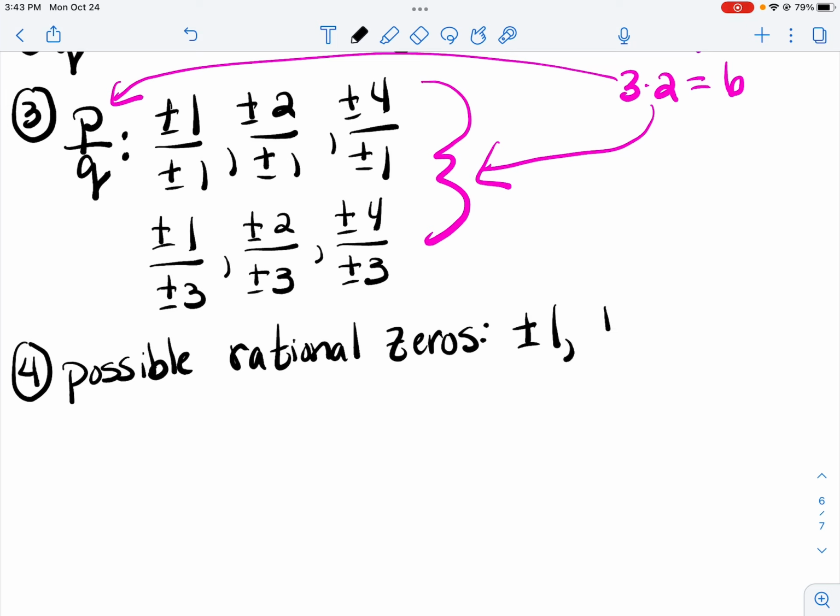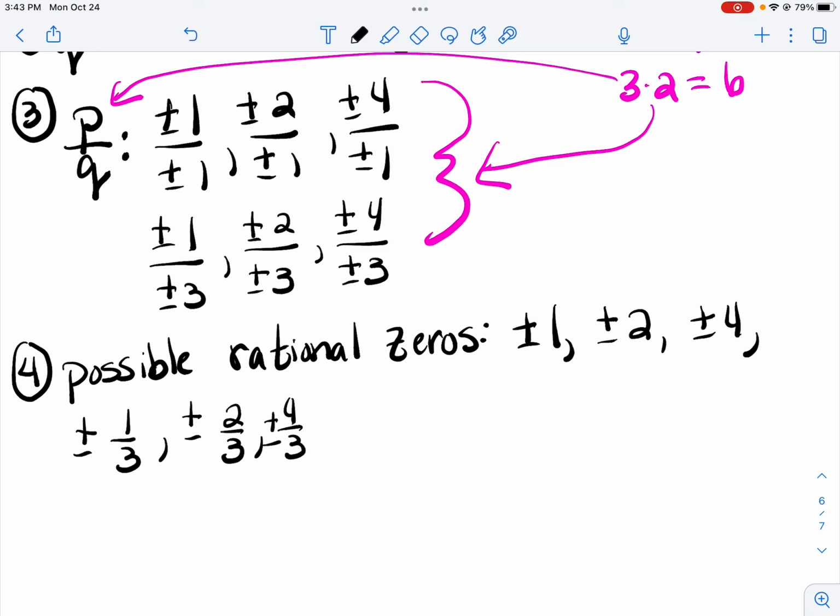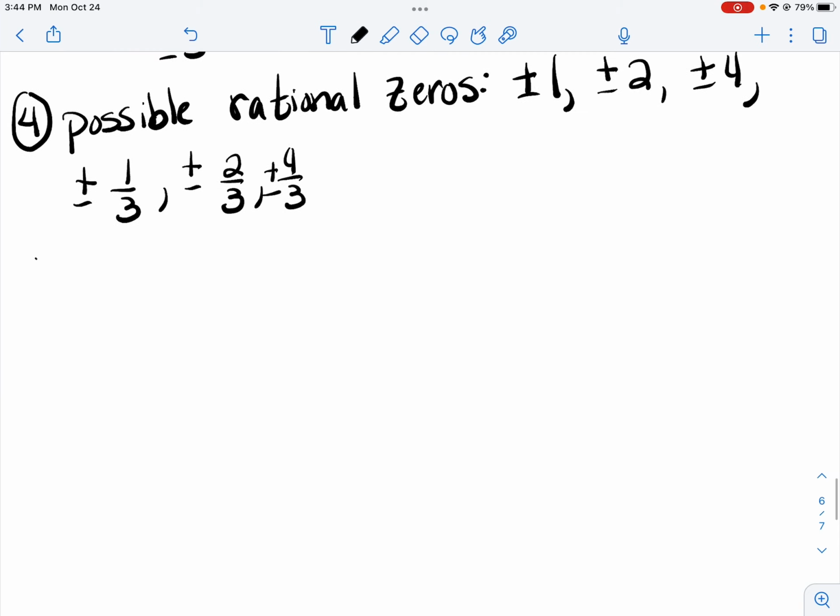And so we'd have 1 over 1 is 1, 2 over 1 is 2, 4 over 1 is 4, 1 over 3 is 1/3, 2 over 3 is 2/3, and 4 over 3 is 4/3. Then I'm going to use synthetic division to see which of these is actually a 0.